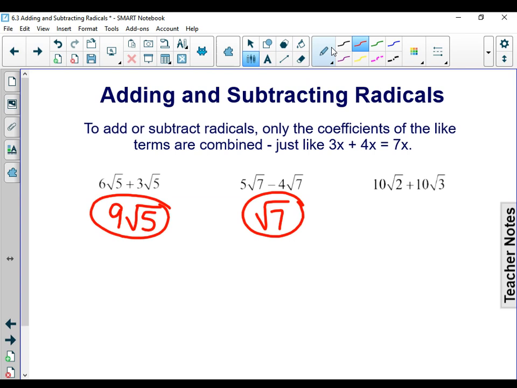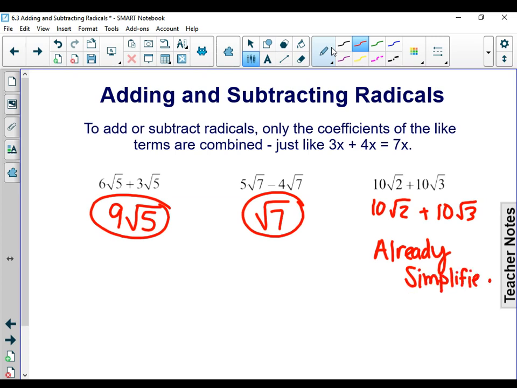So you can either rewrite 10 root 2 plus 10 root 3, but if they tell you an option of it's already simplified, then you'll write already simplified. So it just depends on what the directions are asking you to put, okay? So you'll just kind of go along what they ask. All right?